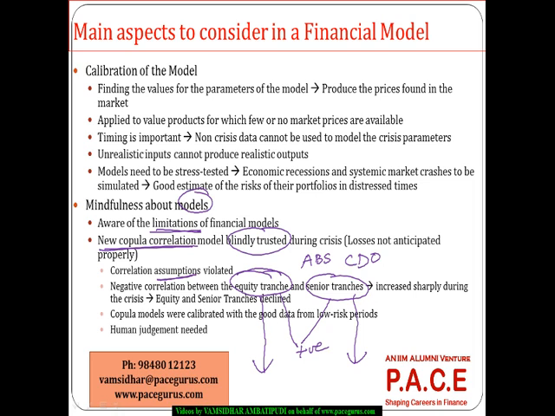The data collected to compute the correlation was from when the markets were doing well, but the model turned out to be a disaster when the markets were not performing well. So the Copula model was calibrated with good data from time periods when the risks were not much higher. So there should be some amount of human judgment involved in assessing these various aspects of a financial model.